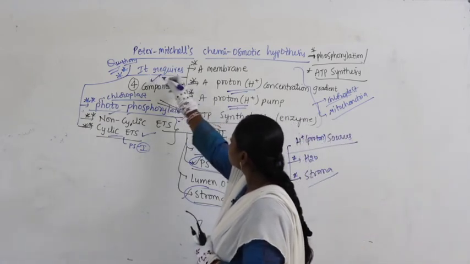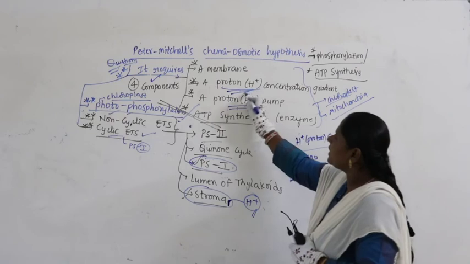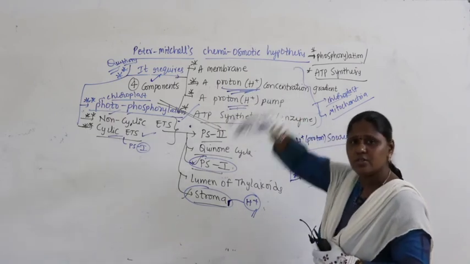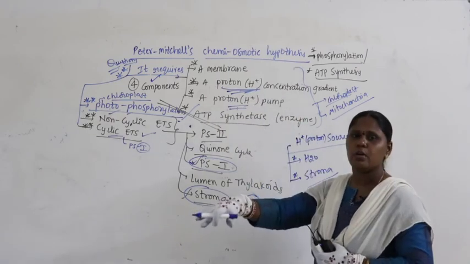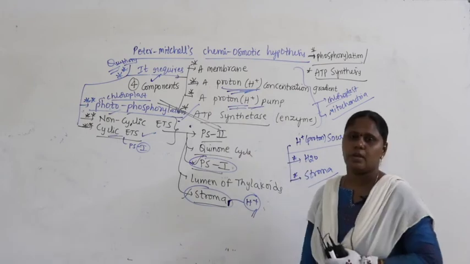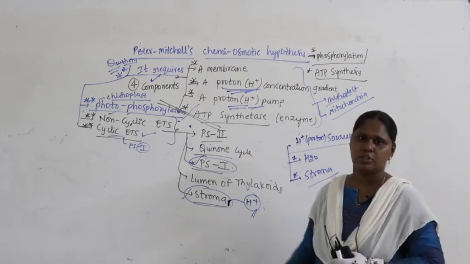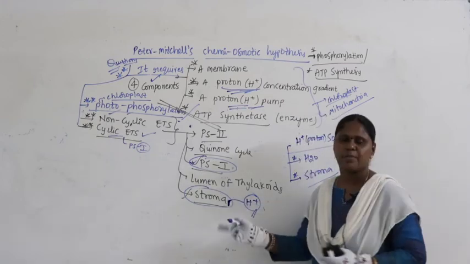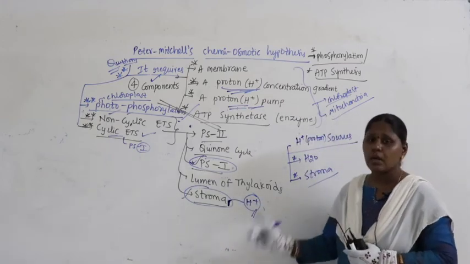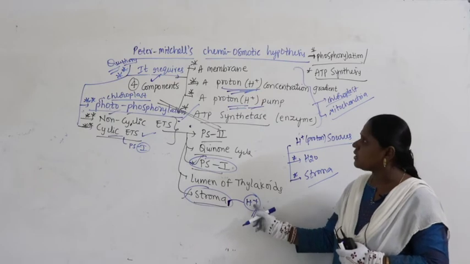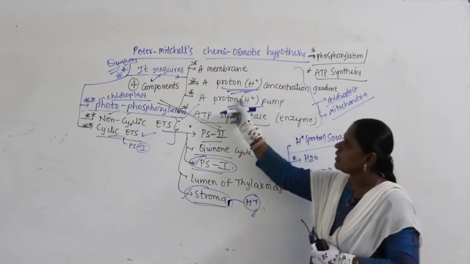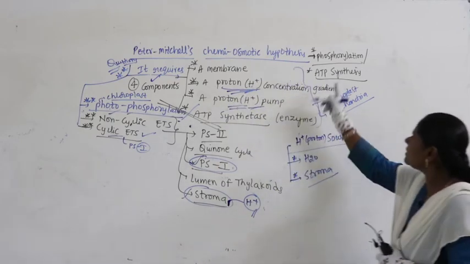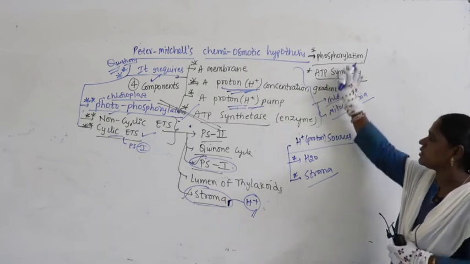Components required for phosphorylation: proton concentration is needed, a pump system to pump the protons is needed, so protons are very much essential. If stroma is not there, protons cannot come. If protons are not there, then there is no ATP synthesis and no phosphorylation.